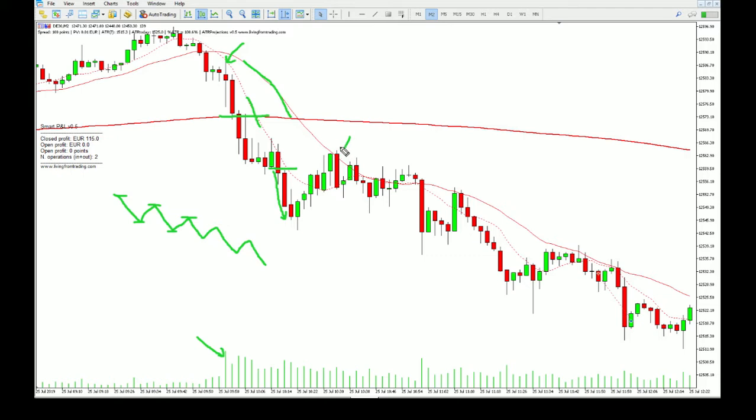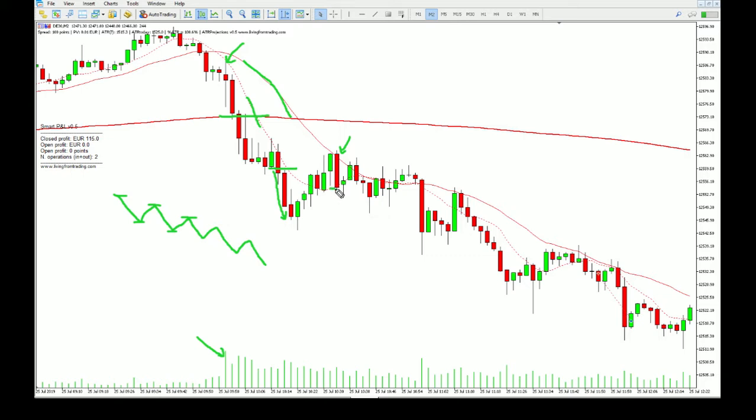What it did next, it came all the way up to the other moving average. Then we have a big red bar deleting a lot of green from the previous bars. So when this happens on these specific locations, these are good places to trade.